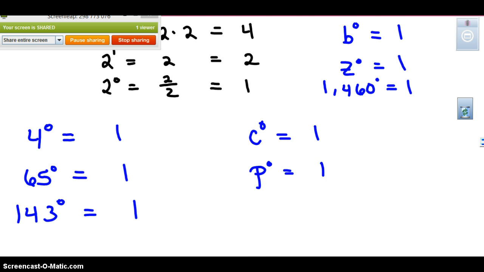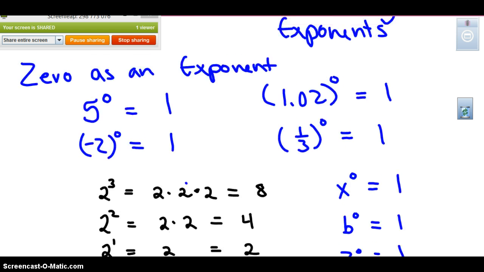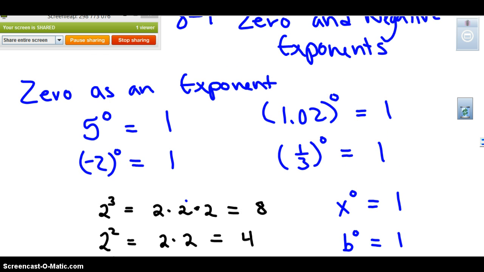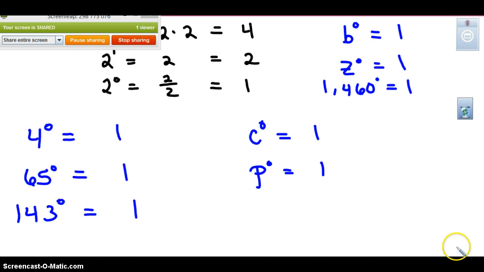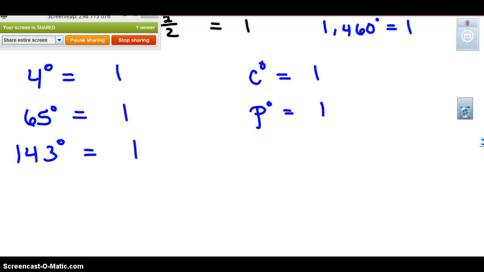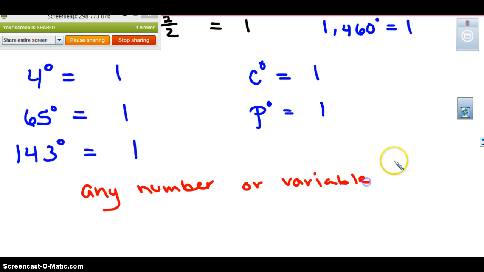So the first rule today would be 0 as an exponent. Let's write it in words. What can we write so we can remember this? Any number or variable. What's a variable? Any letter, right?